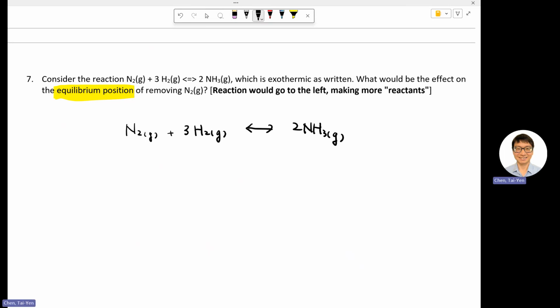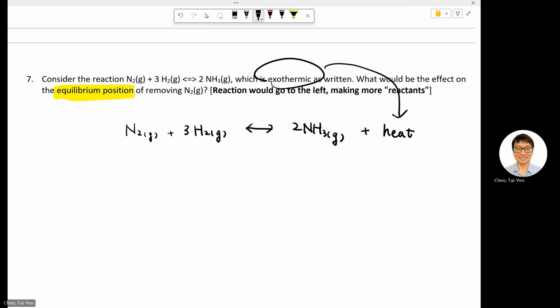It releases heat, right? So in terms of writing the equation, you generate a product and also a lot of heat, so the temperature is going to increase. You need to translate the word exothermic, then you know the heat should appear on the right-hand side of the equation.